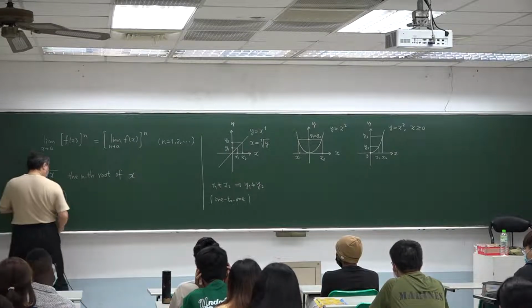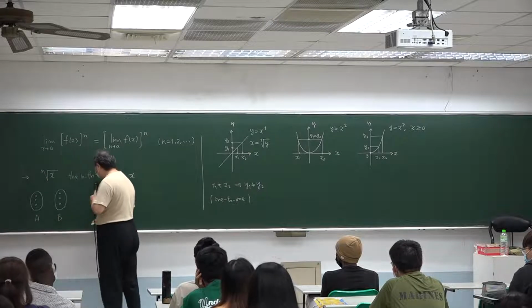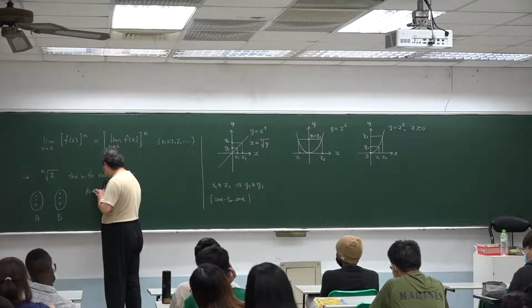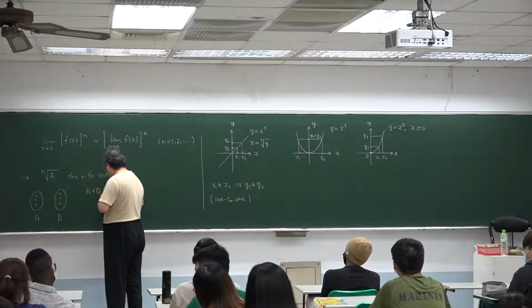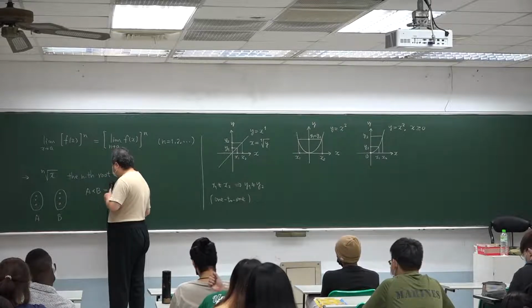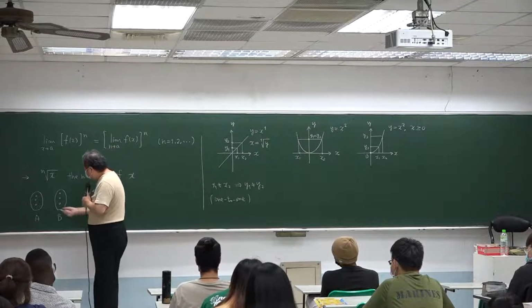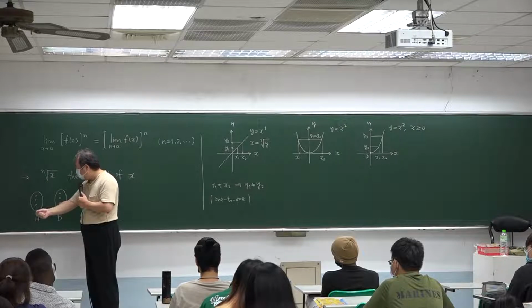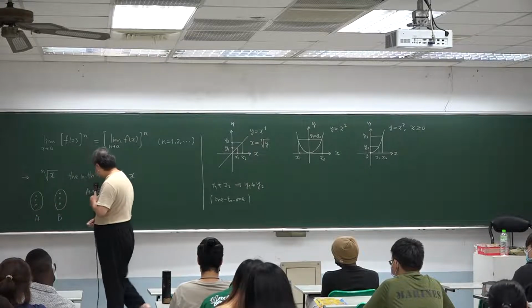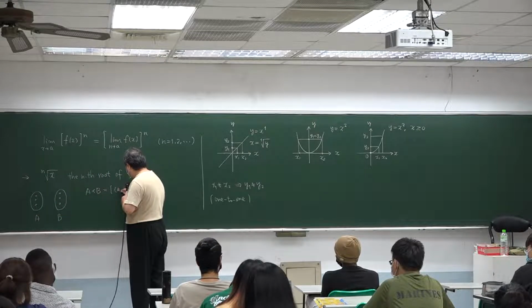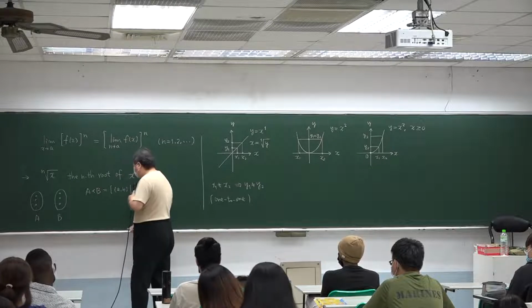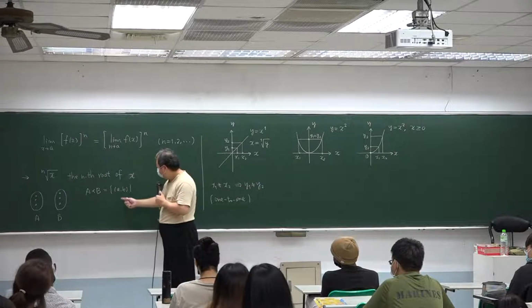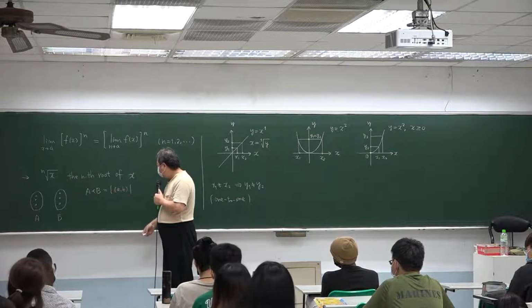Once we have sets A and B, we may consider their product. Their product is just choosing one object from A and another object from B and putting them together to form a new object.